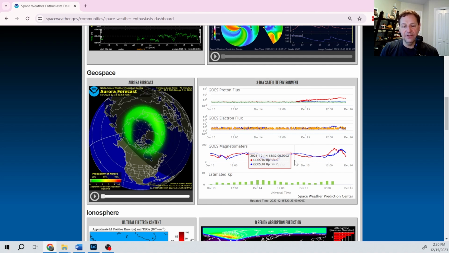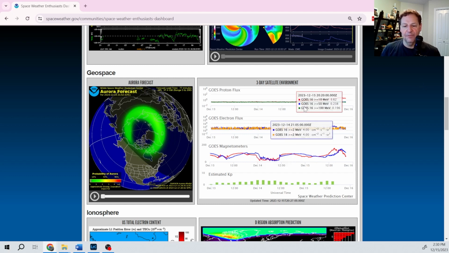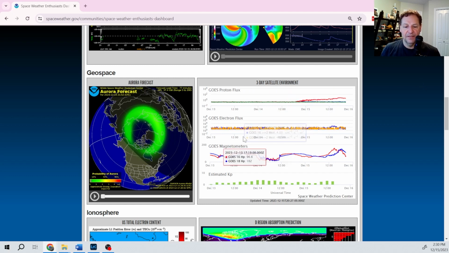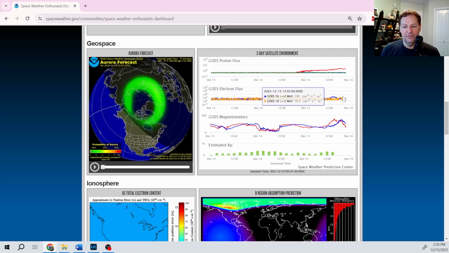So this is a measurement of the number of protons that are flowing out. You got electron flux, so also measuring electrons. You can see that went up a little bit there. And magnetometers, that's where our Kp values come from. Well, let's see.